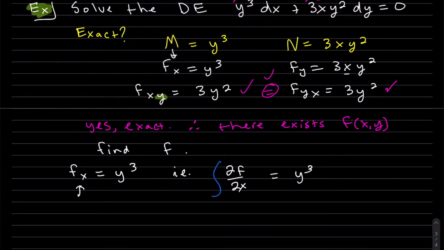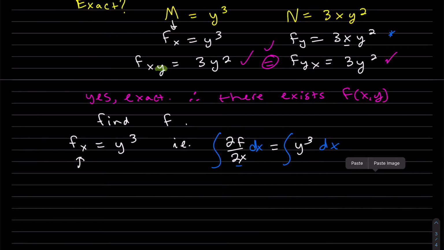If I integrate both sides, obviously it's going to be in terms of x. If we started on the other side, we'd have to integrate in terms of y. So we get f is equal to, in terms of x, y to the third x plus c.